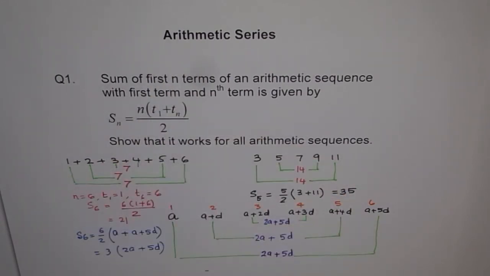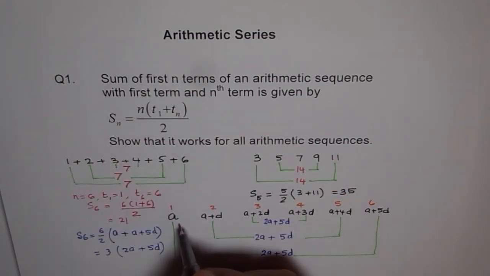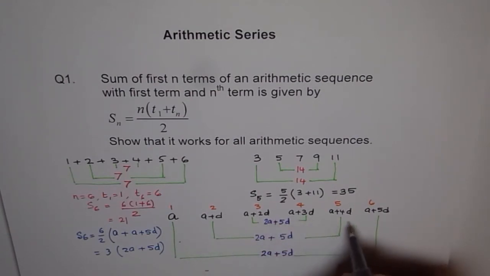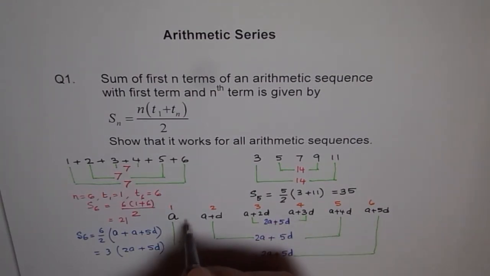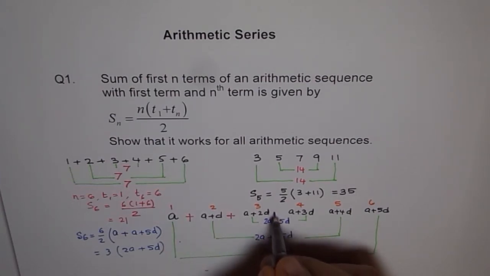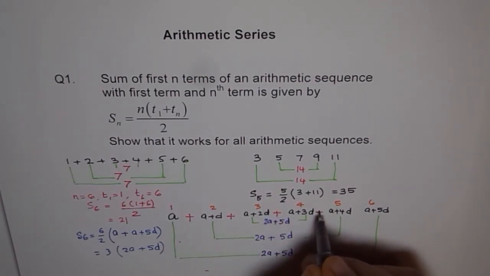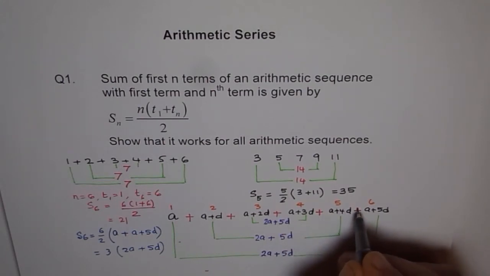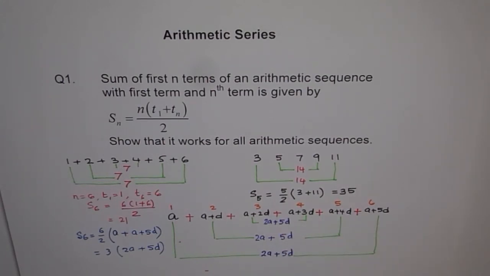So what I'm trying to say is, if I write commas here, we are talking about a sequence. And now if I say I'm interested in the sum of the first 6 terms of this arithmetic sequence, then all of a sudden we come to a topic, arithmetic series. That is how we are connecting sequence with series.